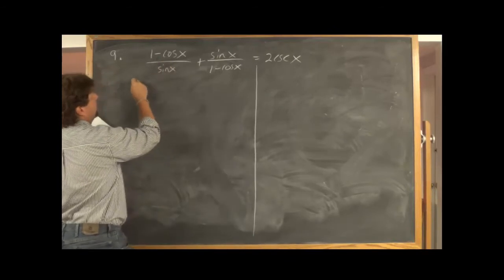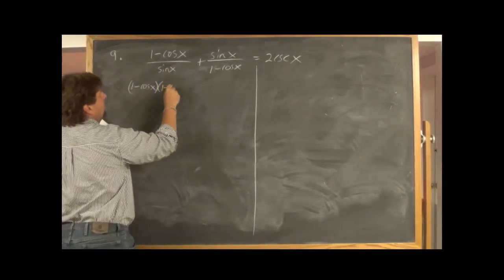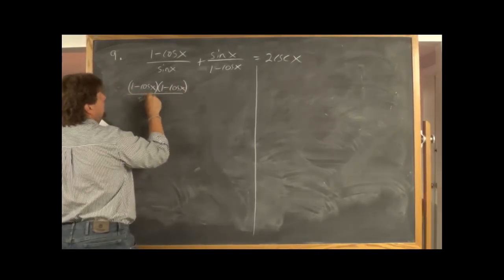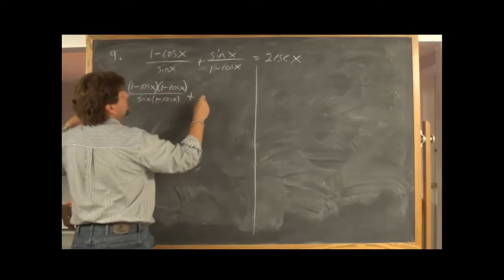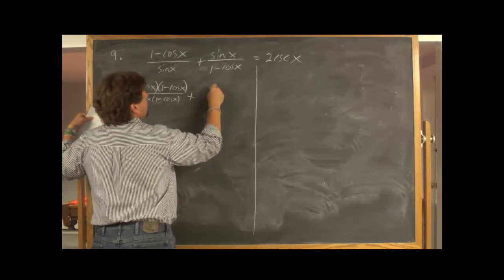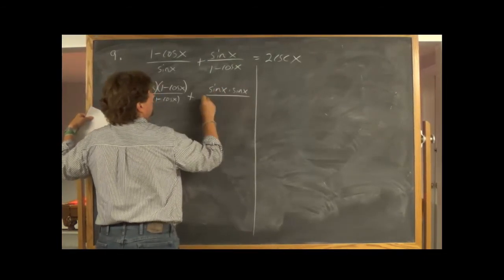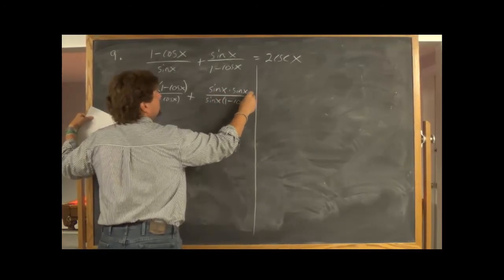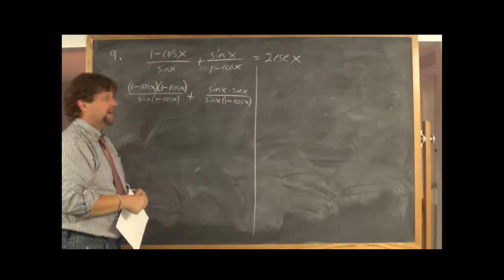So I would have a (1 minus cosine x) times (1 minus cosine x) over sine x times (1 minus cosine x), plus sine x times sine x over sine x times (1 minus cosine x). That's just rewriting each fraction with the common denominator sine x times 1 minus cosine x.